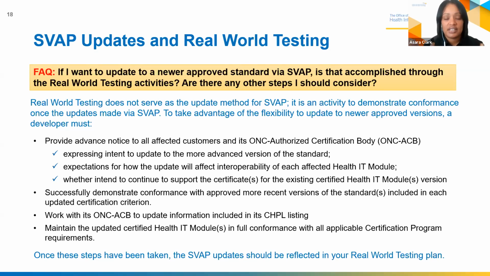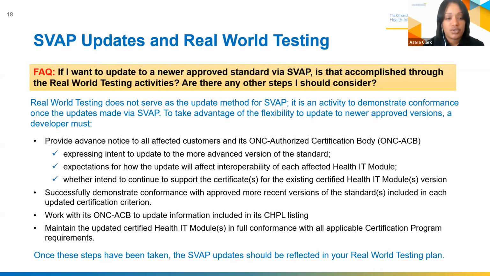The Standards Version Advancement Process is a process in itself where there are specific things that you have to do to perform these updates. Then you include these updates in your real world testing plan, and you make sure that once you've updated via the SVAP process, it still works the way it's supposed to and the functionality is there.